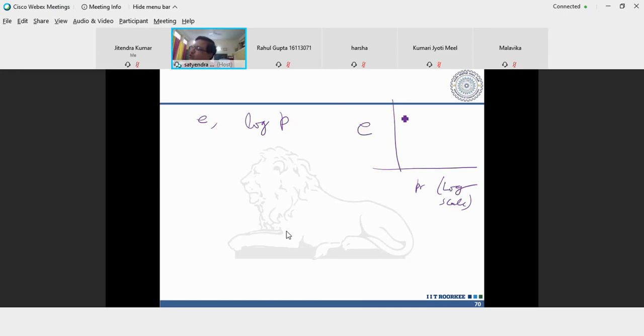So you will draw a curve which is something like this. Now, let me tell you that this is the curve which ultimately you have to draw. Before that, let me tell you some more very important points.